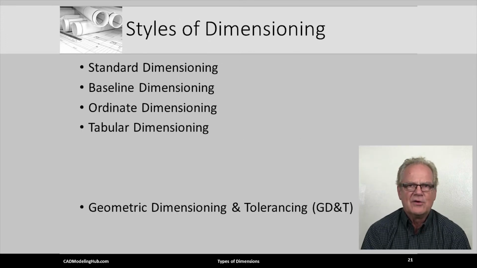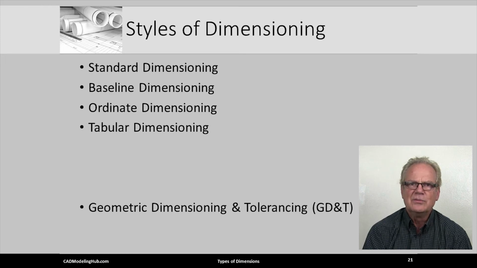The next topic I wish to cover is dimensioning styles. Here I will briefly discuss 5 popular styles. You should learn the names of these styles and be able to look at any engineering drawing and identify which dimensioning style is used.